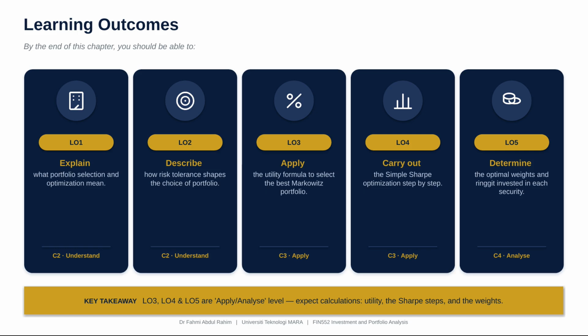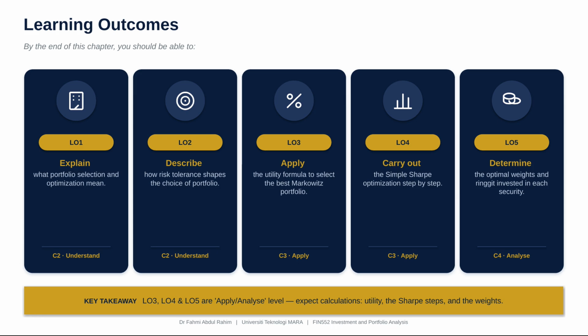Here are our 5 learning outcomes, each tagged with its Bloom's taxonomy level. The first, an understand level outcome, is to explain what portfolio selection and optimization actually mean. The second, also understand level, is to describe how an investor's risk tolerance shapes their choice of portfolio.